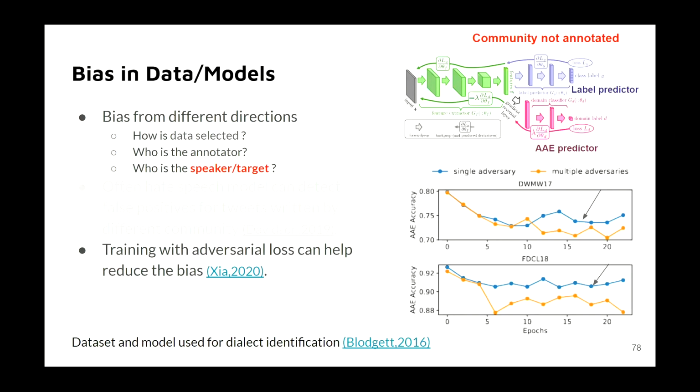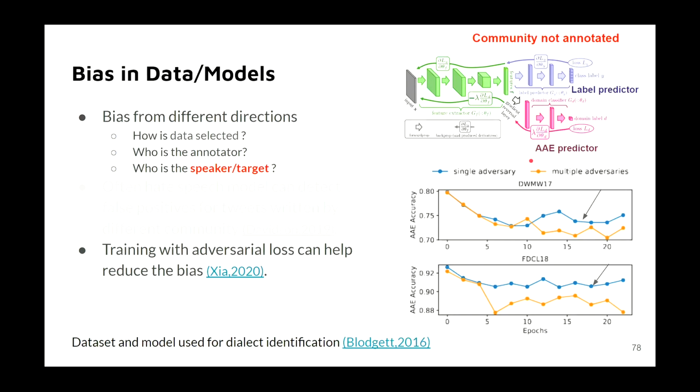Now, one of the key strategies to resolve this is using adversarial loss. To briefly explain what adversarial loss or adversarial training is, let's look into this figure. There are two types of predictor. One is the label predictor, and another is the community predictor, or maybe the domain predictor.